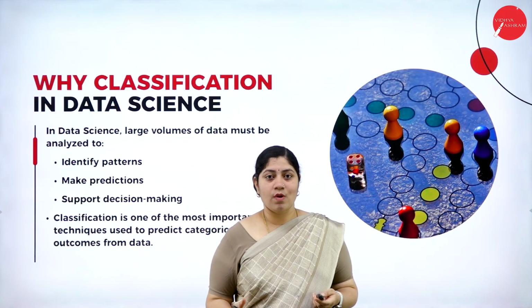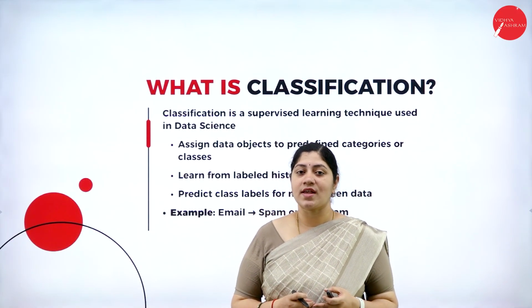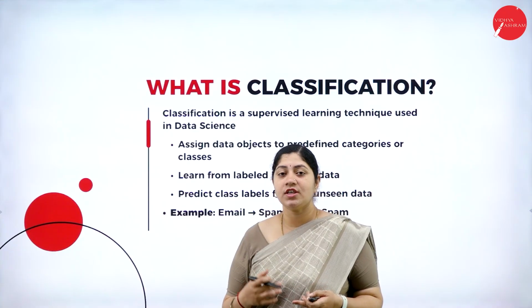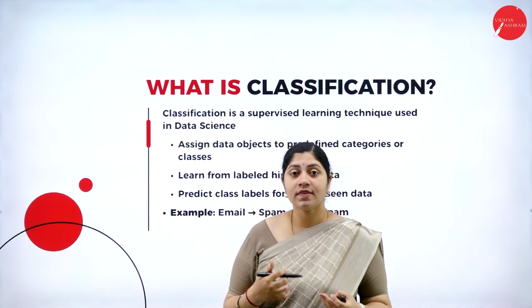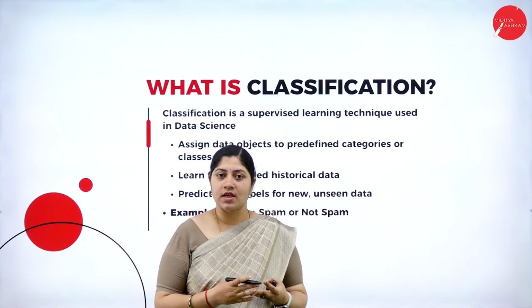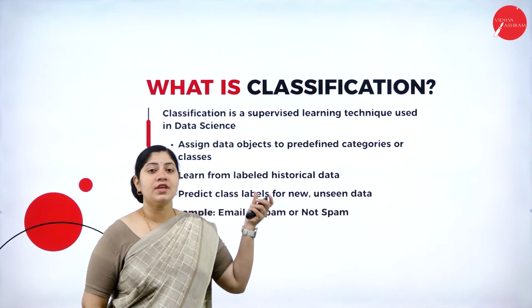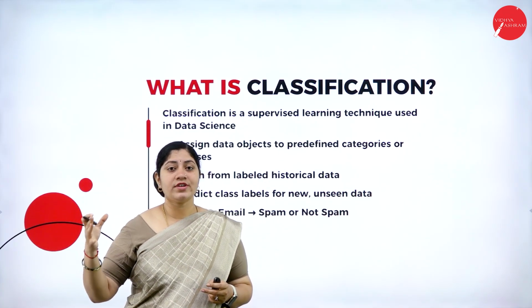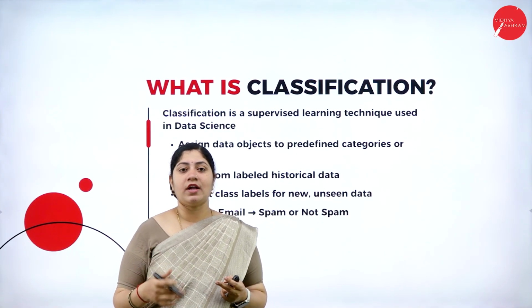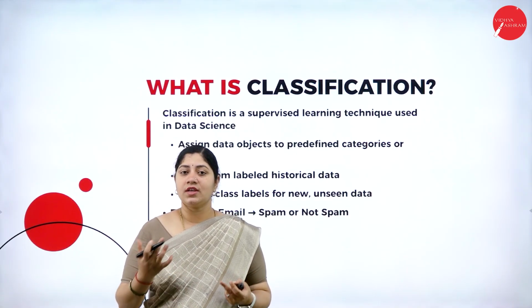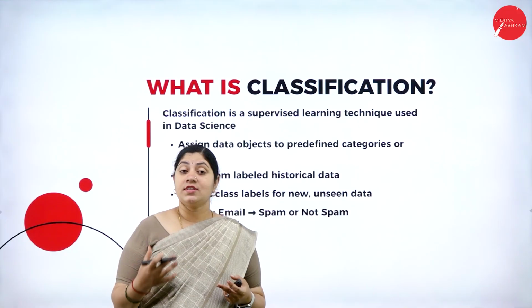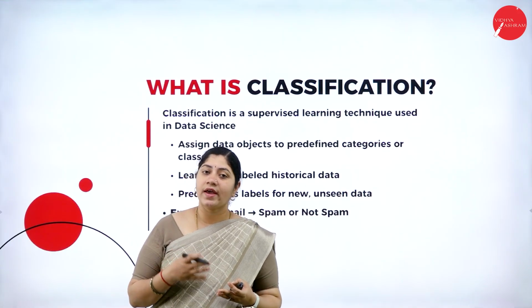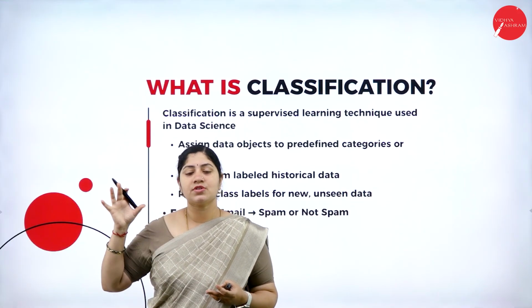All right, let's move forward and understand what is classification. Classification is a supervised learning technique that is used in data science. It is utilized to assign data objects to predefined categorical classes. That is the first thing that is required, and classification also helps in learning from labeled historical data.